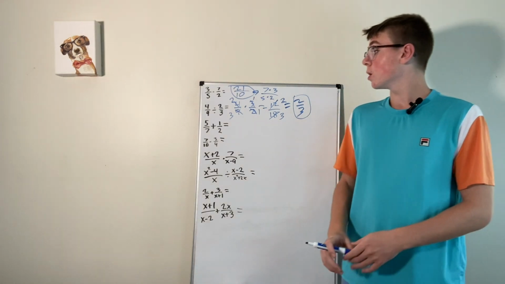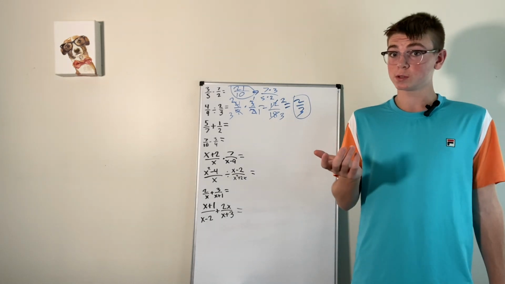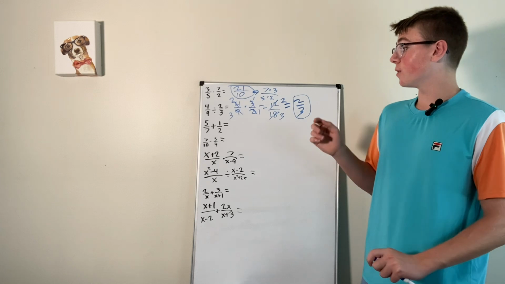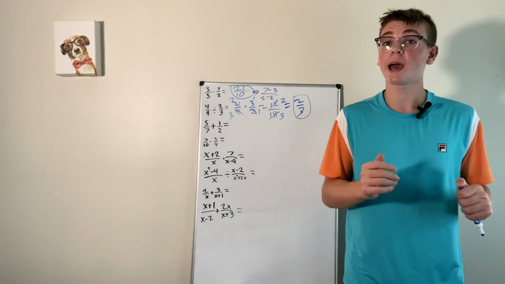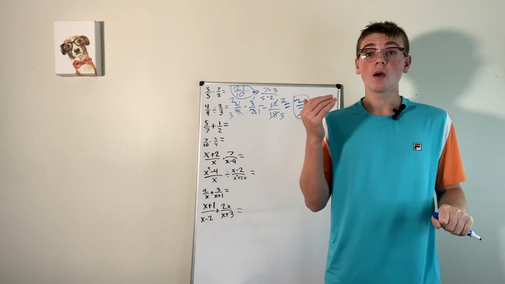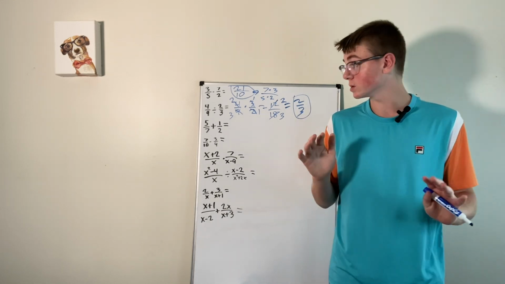Now is where it gets a little more difficult, but with no variables, it's still pretty simple. When we're adding or subtracting rational expressions, you have to find a common denominator. So if you did 5/7 plus 1/2, you have to have a common denominator between the two. So you say, okay, 7 and 2. What is common about those two?